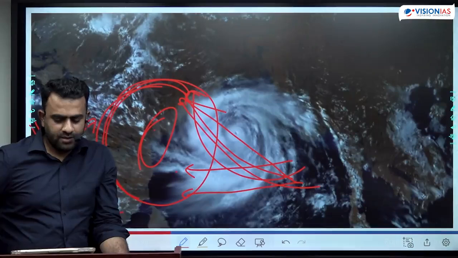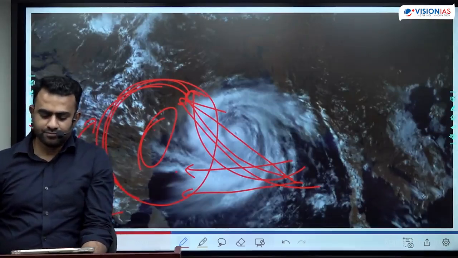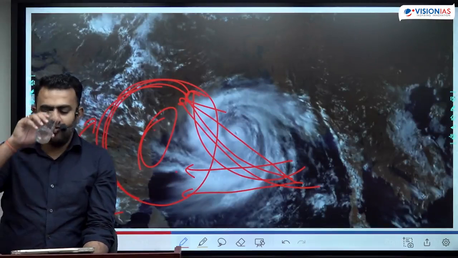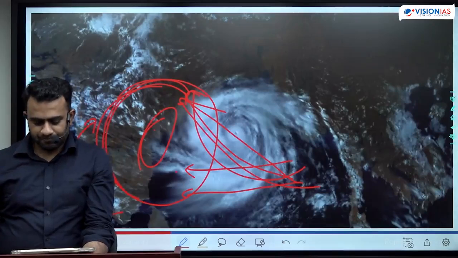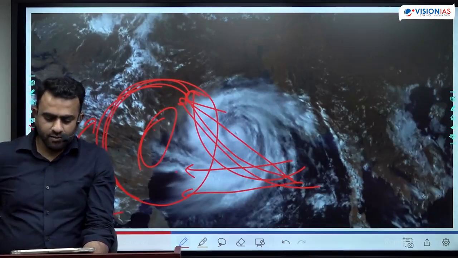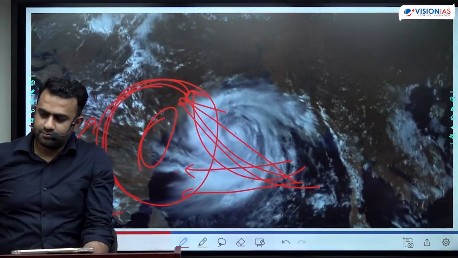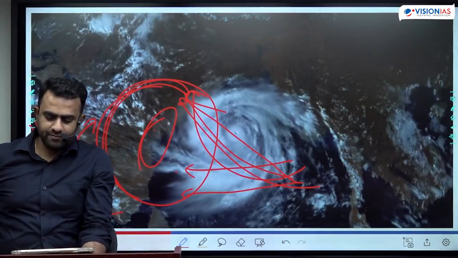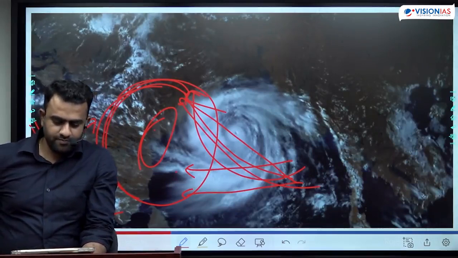Next point. Rising winds diverge in the upper troposphere and start to subside. Full stop.